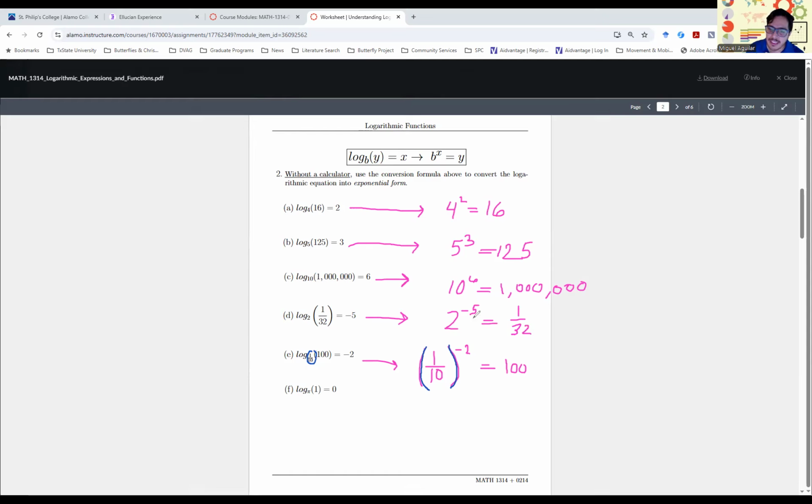This makes sense if we think about our negative exponent rule, because if I have -5 as my exponent, I'm going to flip the base to 1/2 instead of 2. And then if I apply the fifth power, 1 to the fifth power is 1, and 2 to the fifth power is 32. We could check that in the calculator for sure.